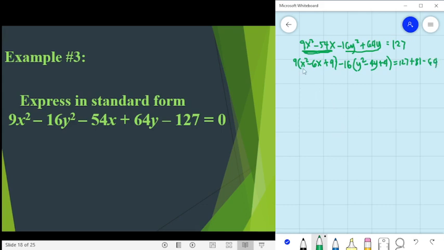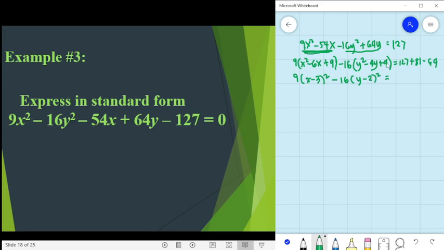So from here, we can now express this as the square of a binomial. So we have 9 quantity x minus 3 squared minus 16, and this can be expressed as y minus 2 squared.